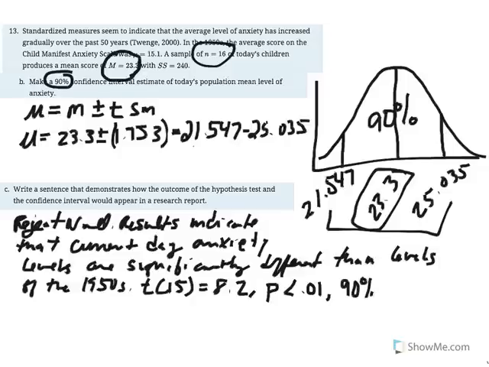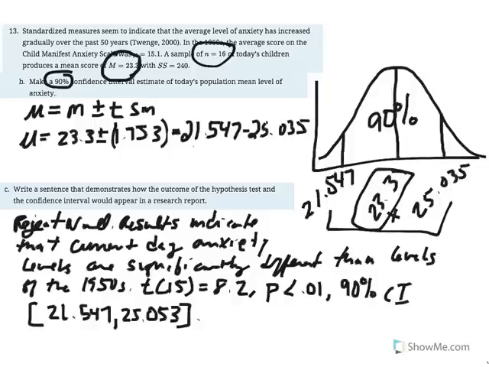So we're 90% confident, our confidence interval, and we write that in brackets, would be [21.547, 25.053]. So again, that's telling the consumer of our research that yes, we were successful in our test, and we're 90% confident given this sample statistic of 23.3 that the expected population anxiety levels would fall within this range 90% of the time.